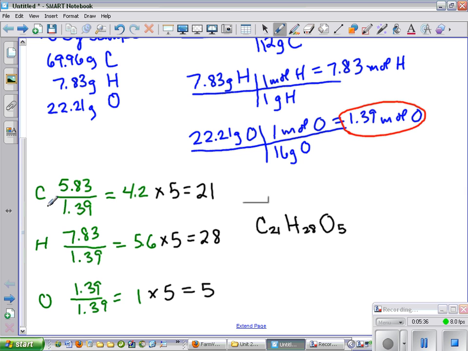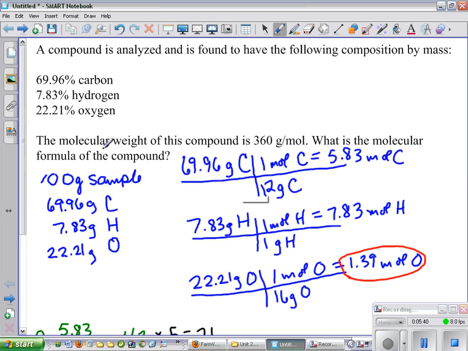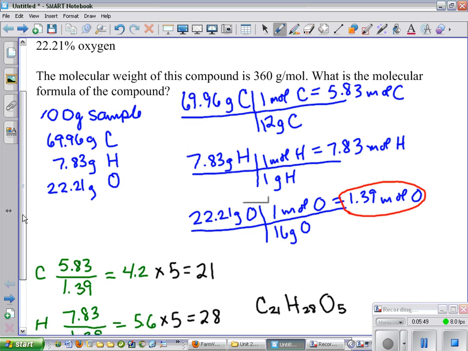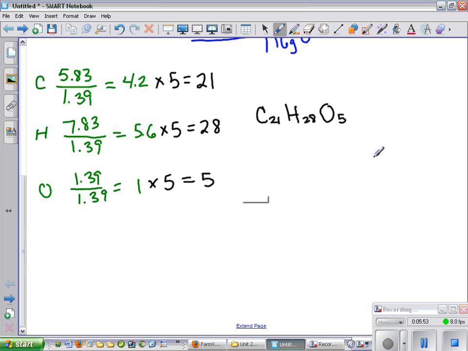We were given the molecular weight back in the problem. The molecular weight of the compound is 360 grams per mole. So let's go back to our formula and check. 360 grams per mole was what was given in the problem. And let's see what we get.